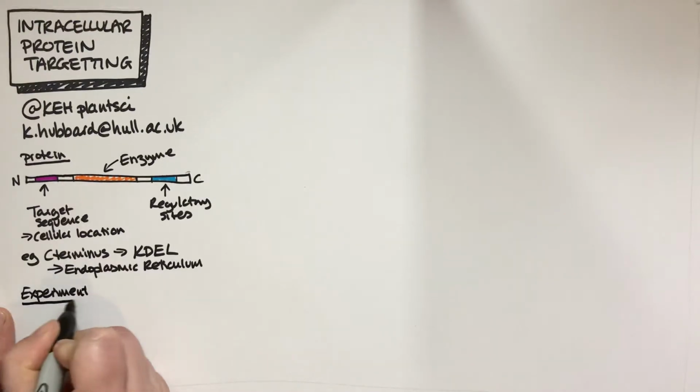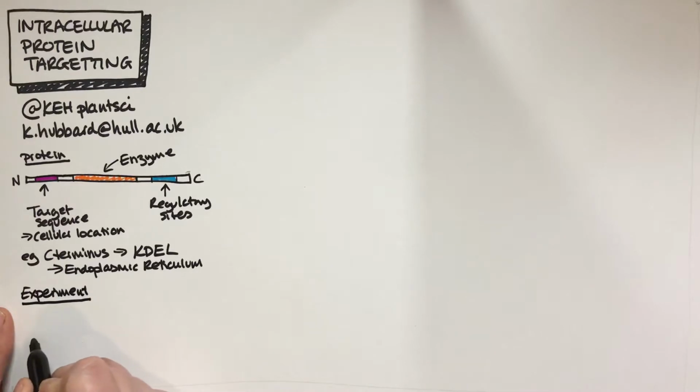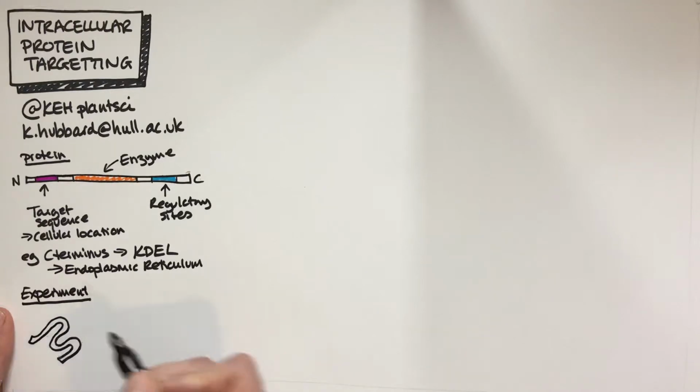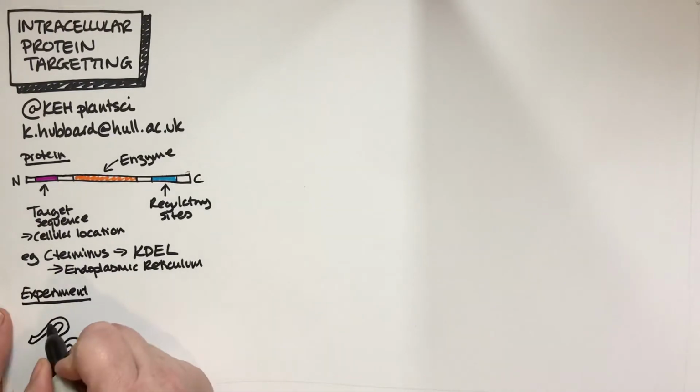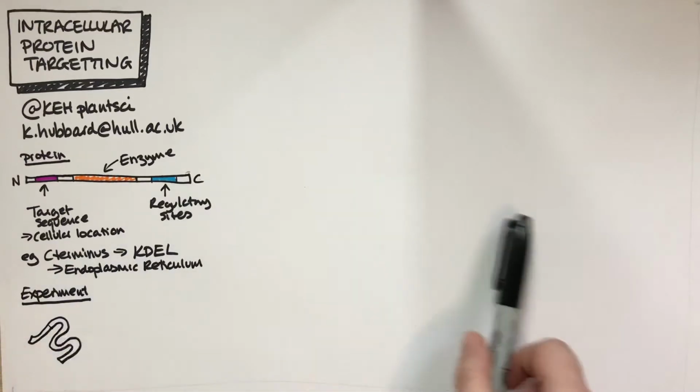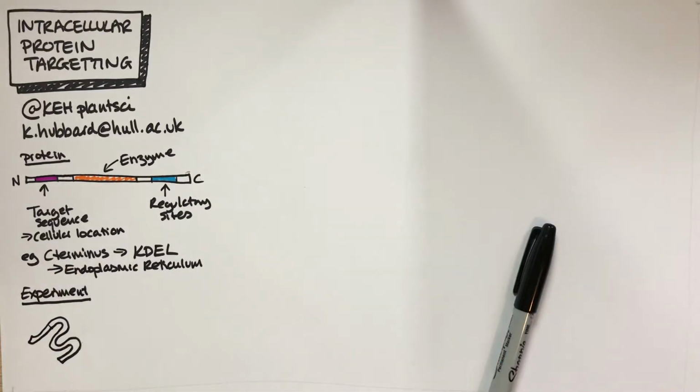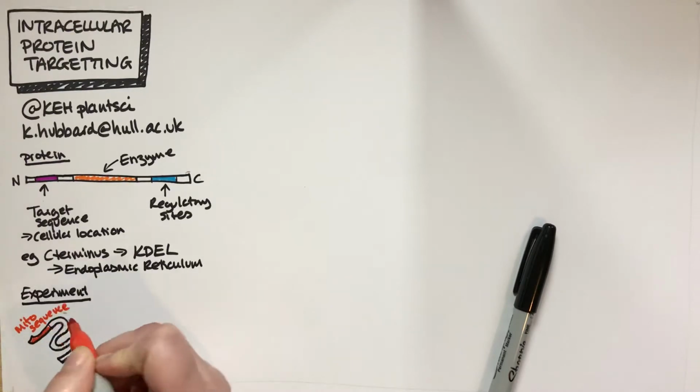Let's say that we've got a protein, I'll just draw out my protein like that, to simplify its structure. At the beginning of that protein, we have a signal sequence that tells it to go to the mitochondria. So how could we test how that sequence works?